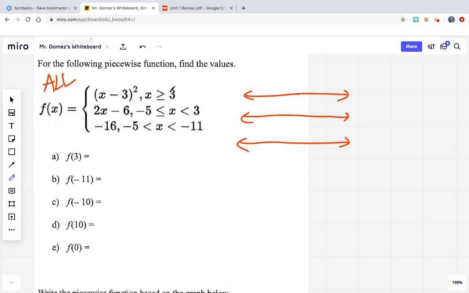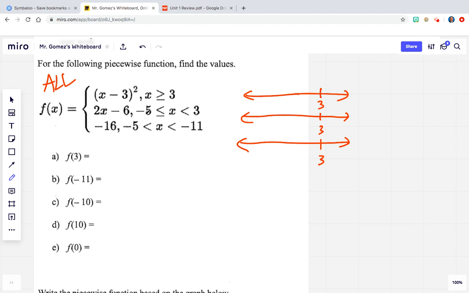We have a 3 and we have a -5. Okay, so the way this is going to be shown is x is greater than or equal to 3. So we're going to say like 3 is here on all of them. And then we also have -5 and -5 here.